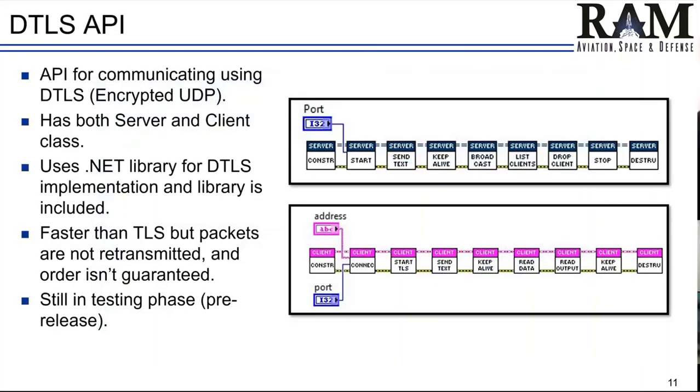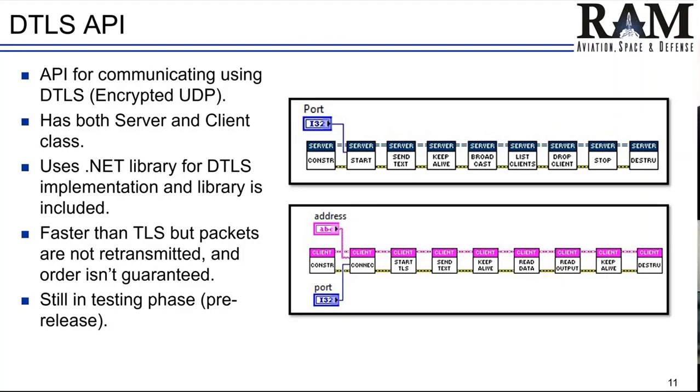Along the same lines, I also have a DTLS API. For those who don't know what DTLS is, this is basically encrypted UDP. You get a lot of the benefits of UDP, but you get a lot of the security that TLS provides. A lot of VPNs use DTLS because it's faster than a TCP-based TLS, but still provides really good security.